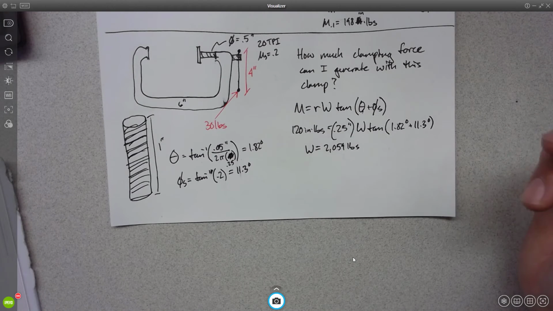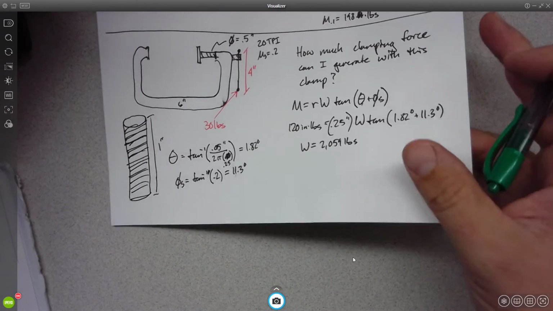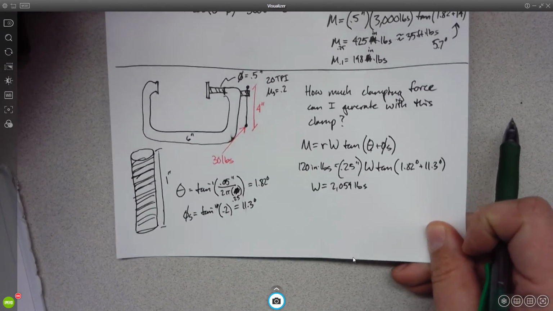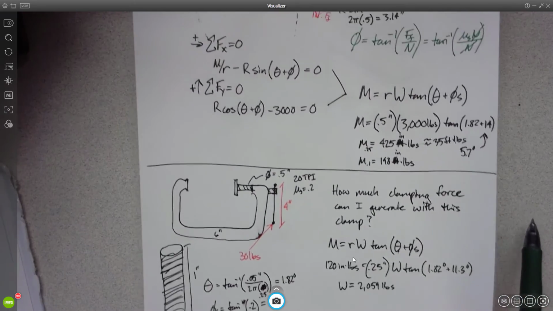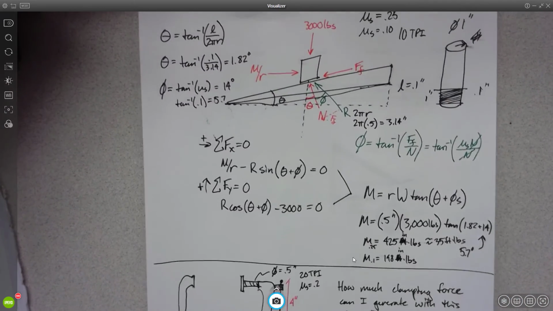Okay, everyone seems to feel like less. Why do you think less? Okay, you're not pushing into something. The natural force of the thing that you're clamping is pushing back. Okay, that's an interesting idea.